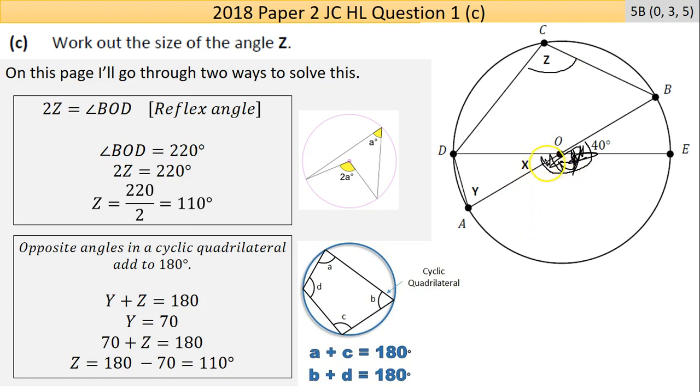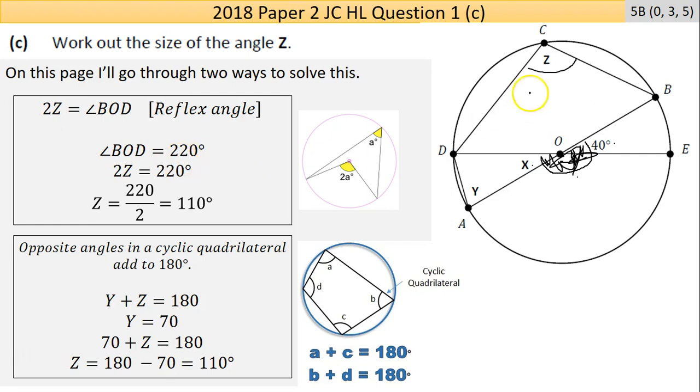Now, the angle there is 40 and 40, and the difference in between is 140. So 40 plus 140 plus 40 gives me 220. So our reflex angle, the big one here, is 40, 40, and 140, and that gives me 220.